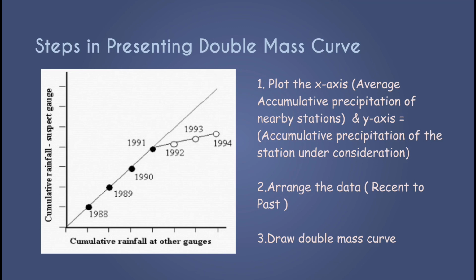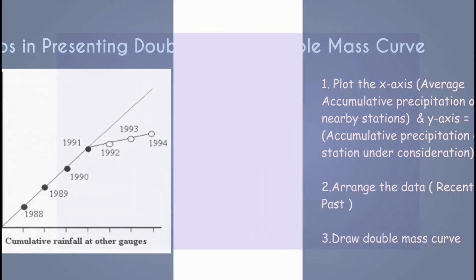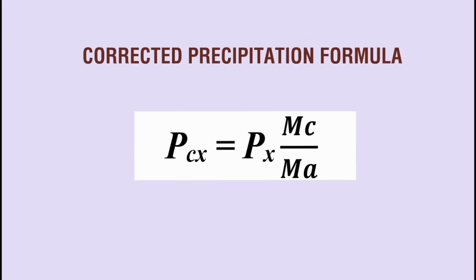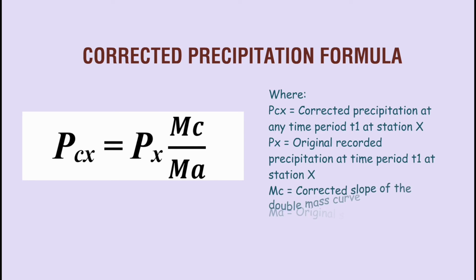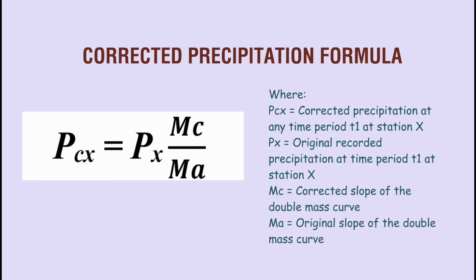After arranging the data, we need to draw the mass curve. This is the formula for correcting precipitation data. Corrected precipitation is equal to original recorded precipitation multiplied by corrected slope over original slope, or P sub Cx is equal to P sub x times M sub C over M sub A.